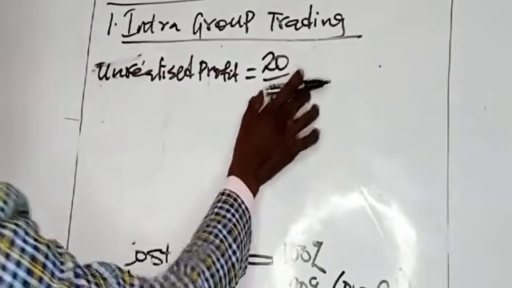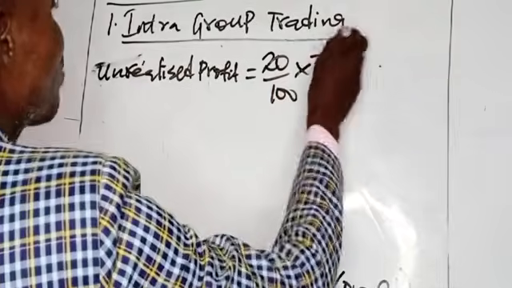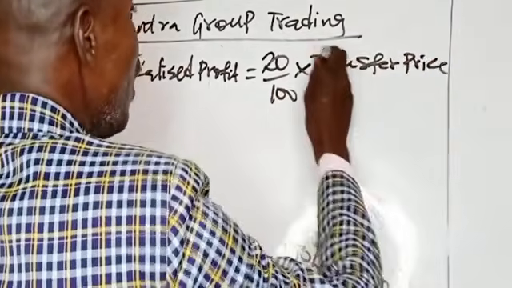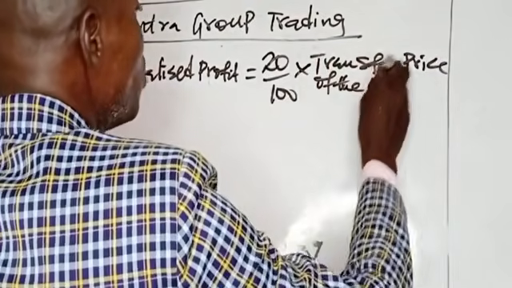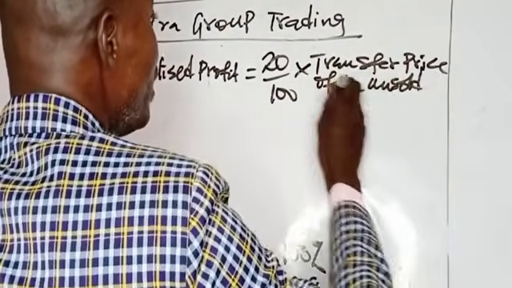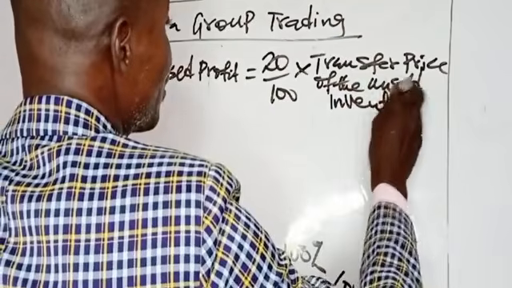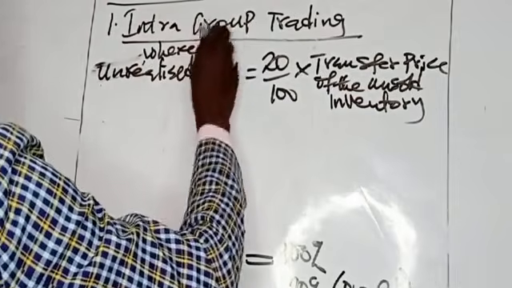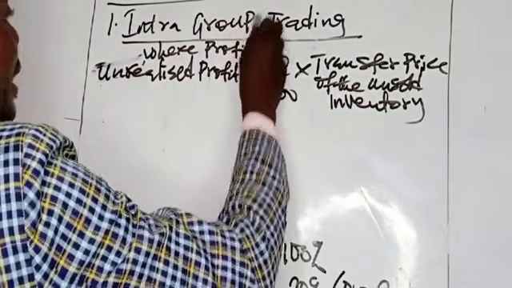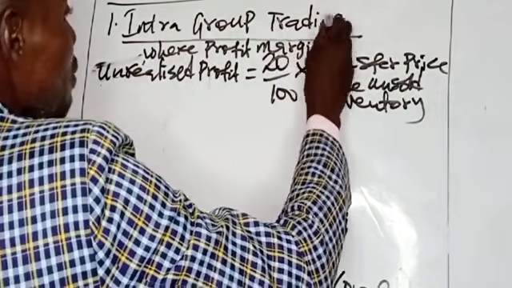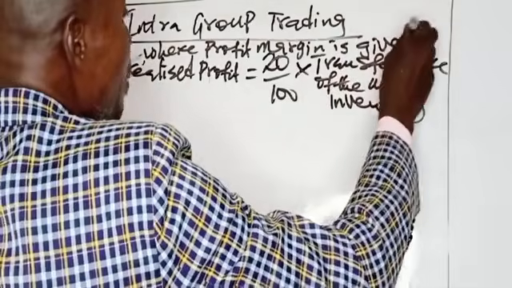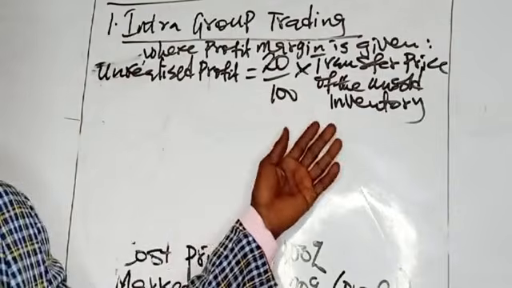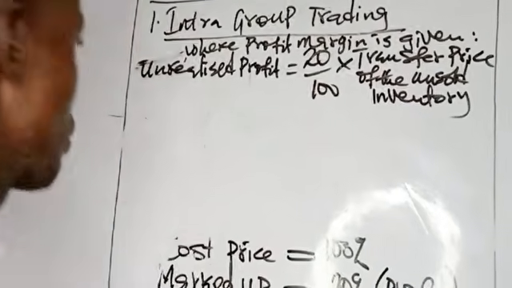You don't need to make the denominator times transfer price of the unsold inventory or stocks. That is where profit margin is given. Please take note of this. So that is the calculation of the unrealized profit.